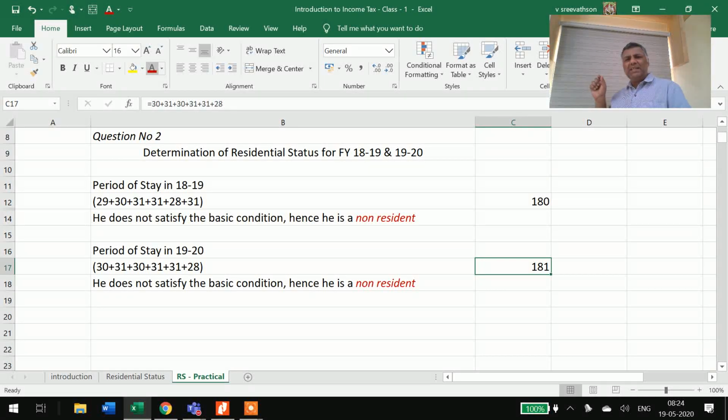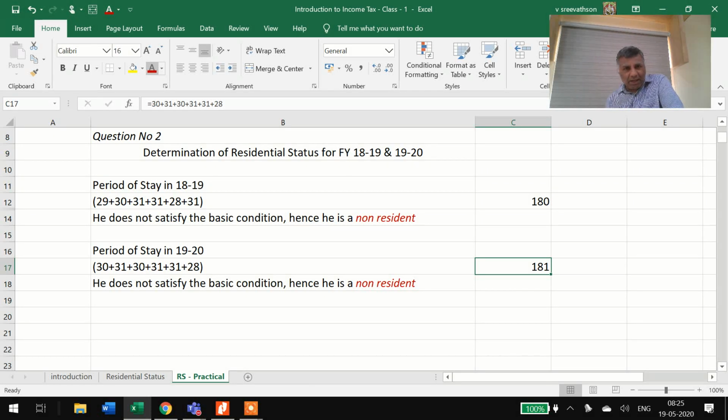So please compute for two different years: date of arrival to 31st March, and then from 1st April to the date of departure, as separate calculations. We cannot do it consecutively. This is the important lesson you learned.